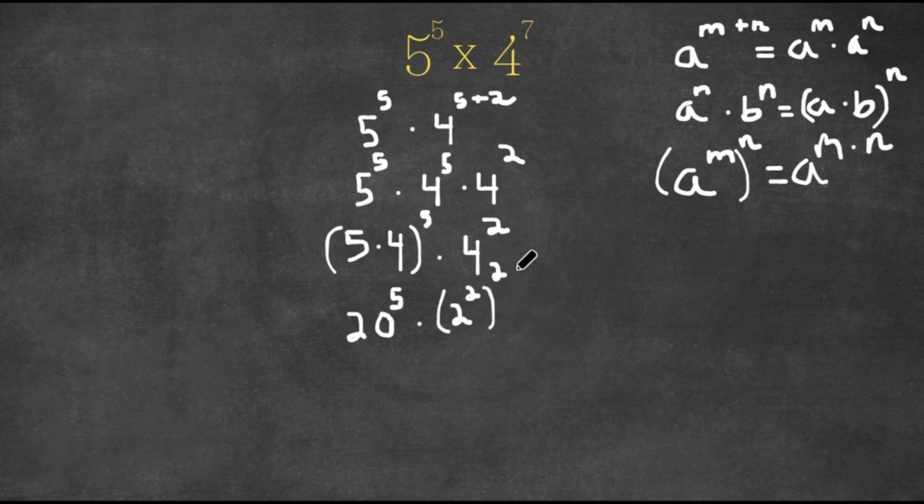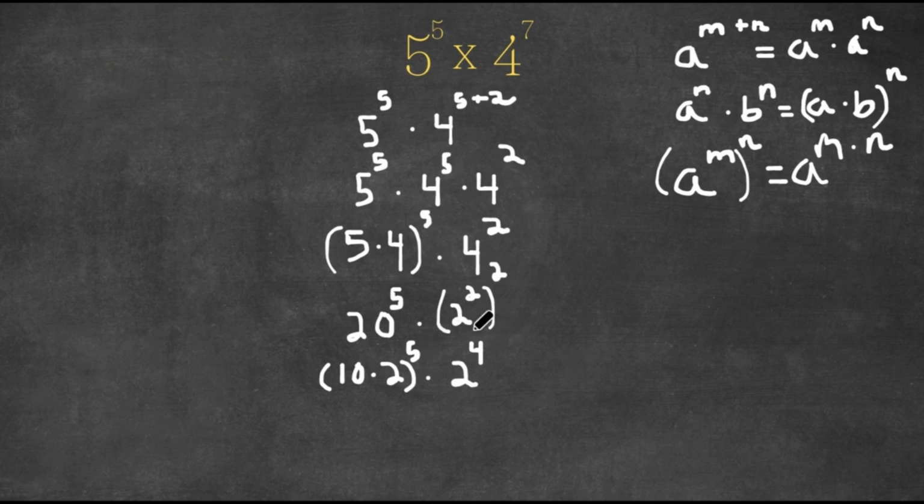So 2 to the power of 2 to the power of 2 is the same thing as 2 to the power of 4, because we're simply multiplying these two. And I'm going to rewrite 20 as 10 times 2. So we have 10 times 2 to the power of 5 times 2 to the power of 4.